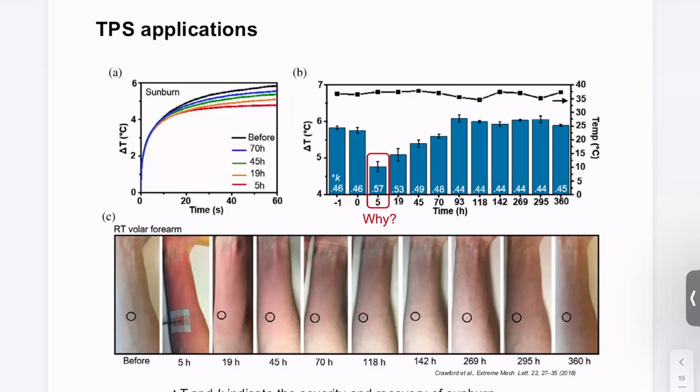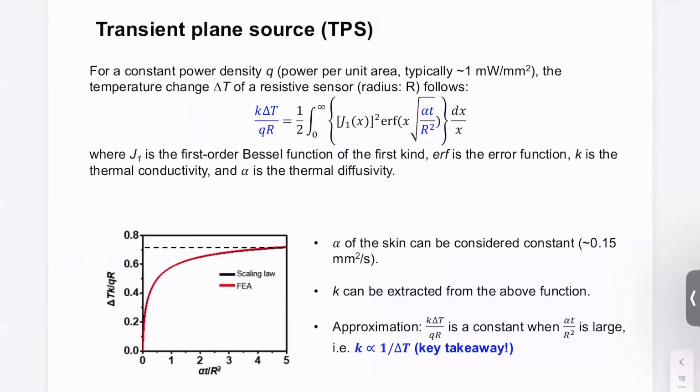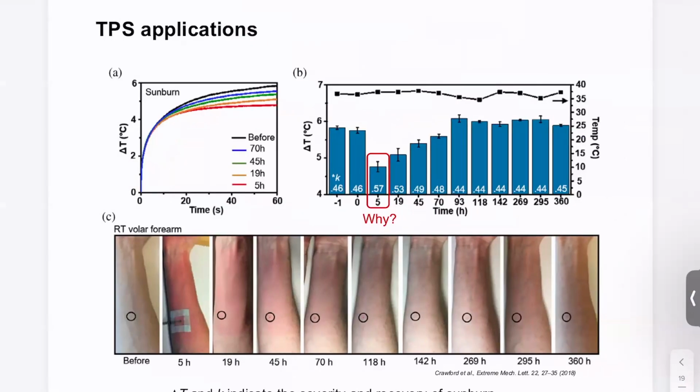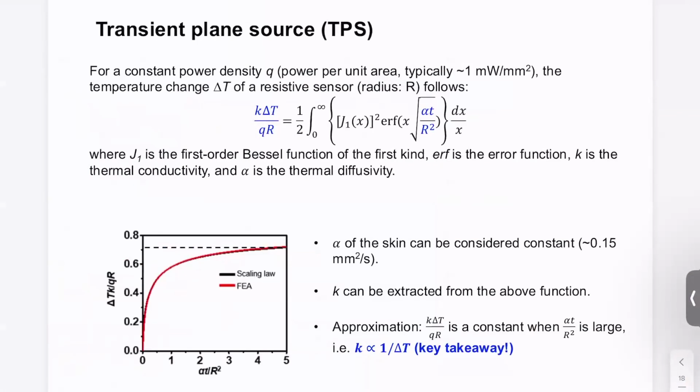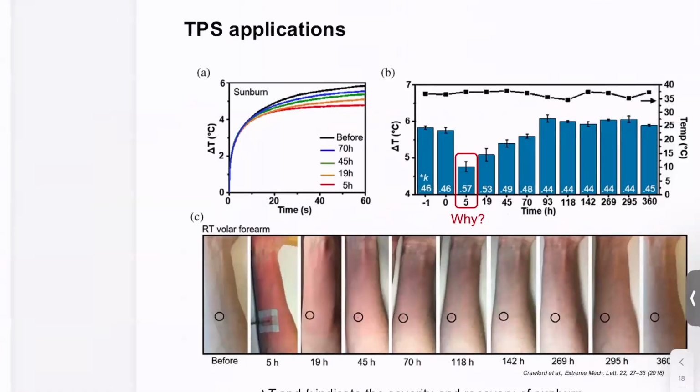But because, based on this equation, alpha doesn't change much, what changes is the thermal conductivity. So with more blood, more water, your thermal conductivity increases. That means your temperature change decreases, right? Based on this equation, higher thermal conductivity, lower temperature increase.